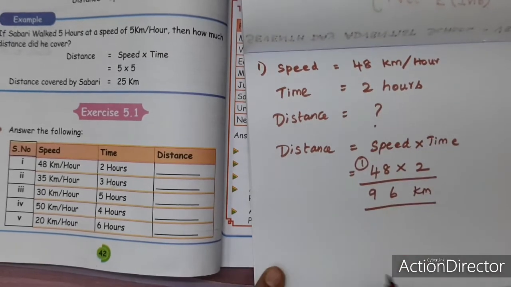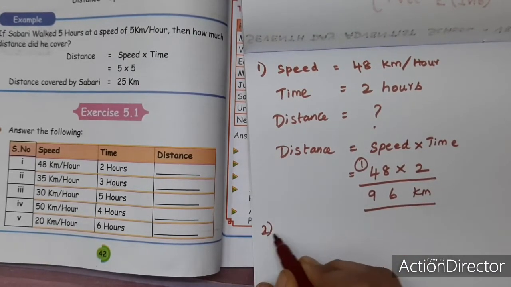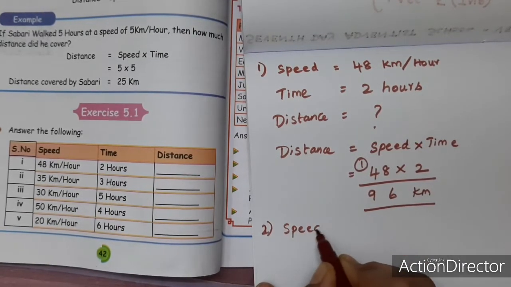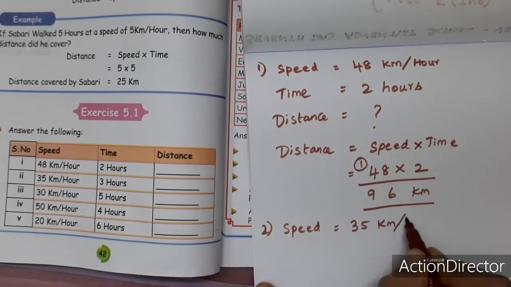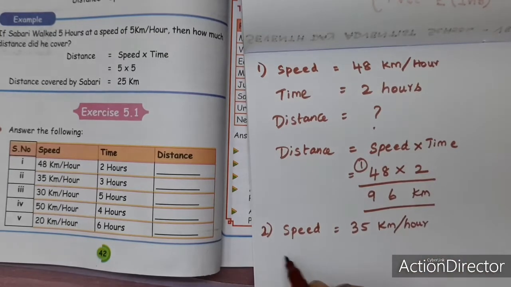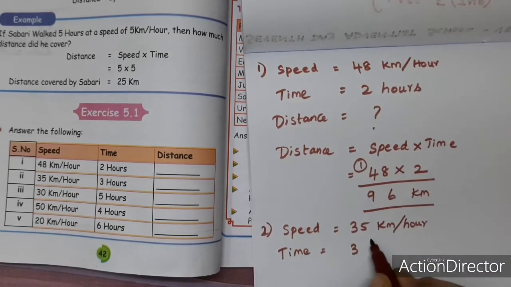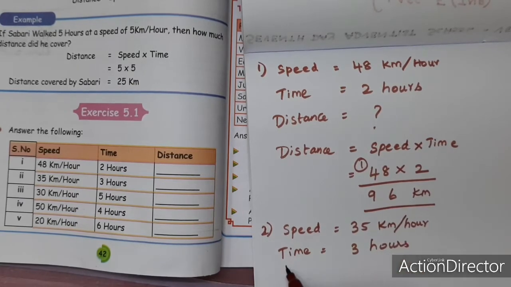Okay, so one more sum we will do. Speed equal to 35 kilometer per hour. Okay, and time equal to 3 hours. So distance equal to what? So distance formula, distance equal to speed into time.